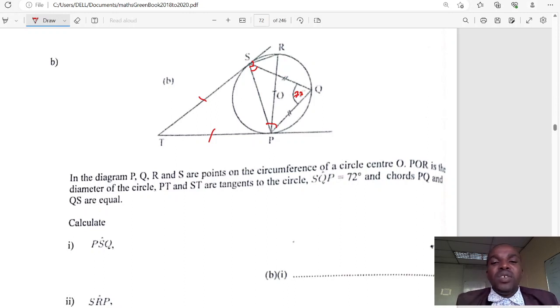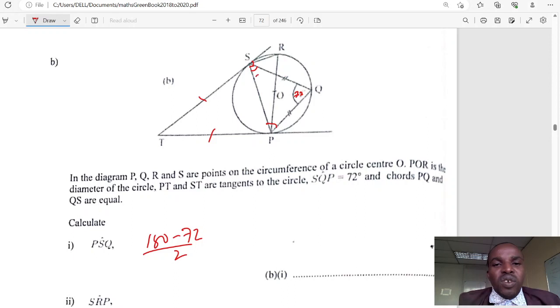Then find PSQ. This one is an isosceles triangle, that is PSQ. So you say 180 minus 72, then over 2, since base angles of an isosceles triangle are the same. So 180 minus 72 is 108, divided by 2, you get 54.